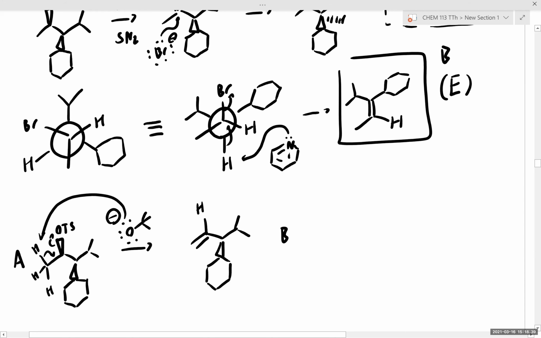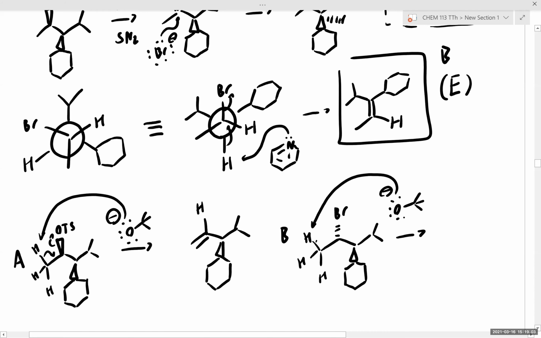And what's really funny is both route A and route B give the same product. That's because when you have these hydrogens on your methyl group, you can always find an anti-periplanar hydrogen. By definition, if you have a methyl group, there is going to be a hydrogen that's anti-periplanar to your leaving group.